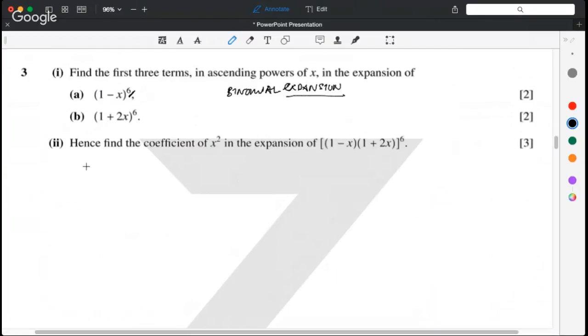So, for example, this 1 minus x to the power 6 would go something like 1 plus 6 choose 1 times minus x, plus 6 choose 2 times x squared, plus 6 choose 3, minus x cubed, and so on.